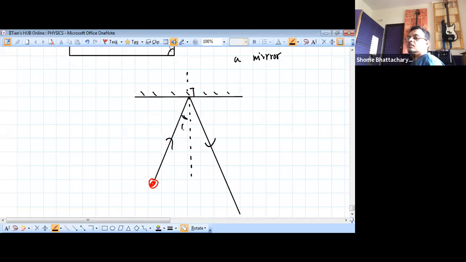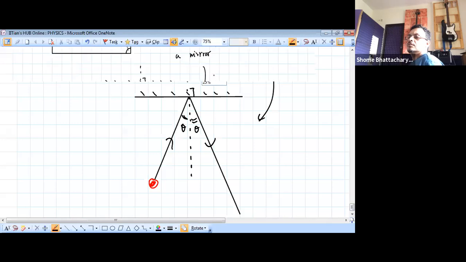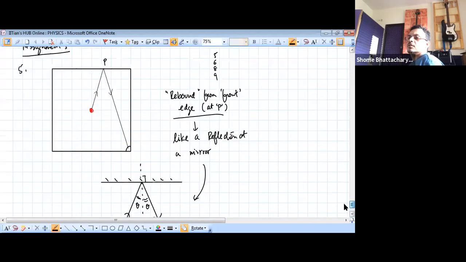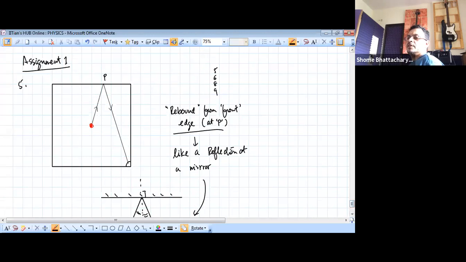This angle should be equal to this angle. So, yes. So once you do that, then next thing you can do in the question is, you can now use geometry. Now, how you can use geometry here is, further, suppose you draw these symmetry lines.